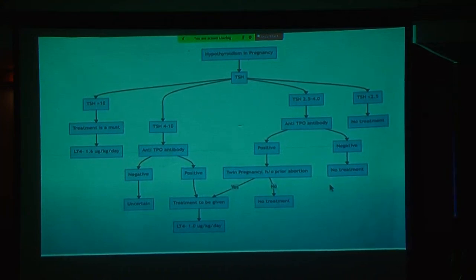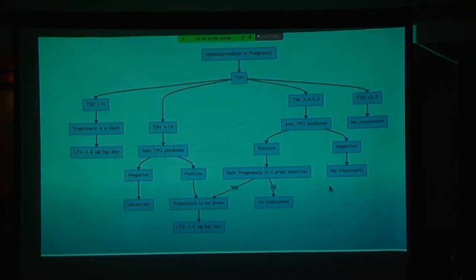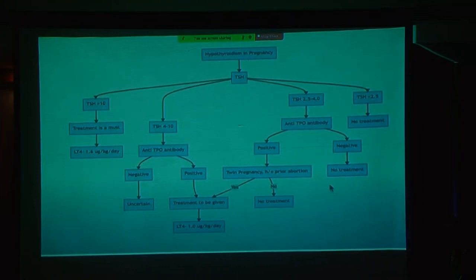Here you always test for anti-TPO antibody. Somebody with a TSH value more than 4 and less than 10, you should do anti-TPO. Then the next treatment is based on anti-TPO positivity or negativity.